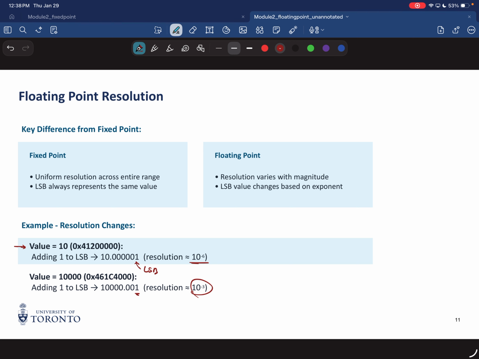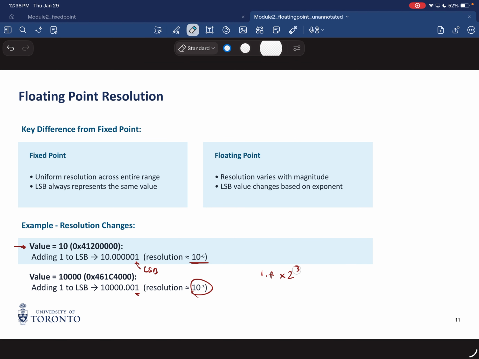And if you were adding 1 to the LSB of this number, you were getting a resolution of 10 to the power of -3. And remember, here the binary point is not fixed. It's going to move based on the exponent, because whatever this 1 point fraction is, times 2 to the power of e, you're shifting the point, basically.